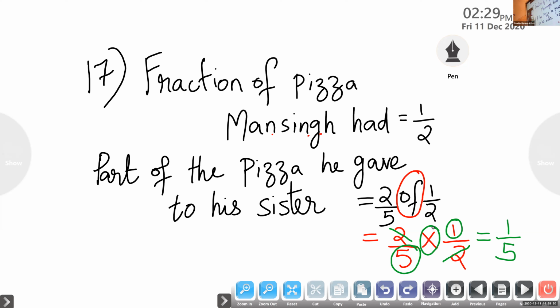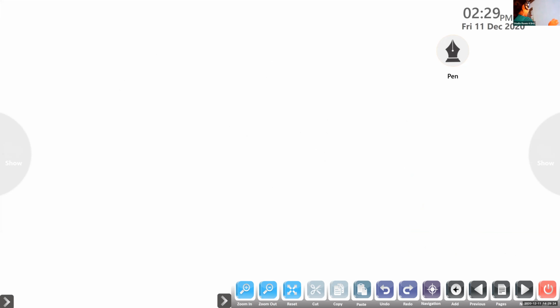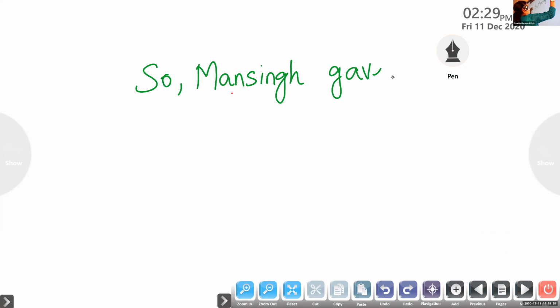So what is remaining here? 1 by 5. So Mansingh gave 1 by 5 of the whole pizza.